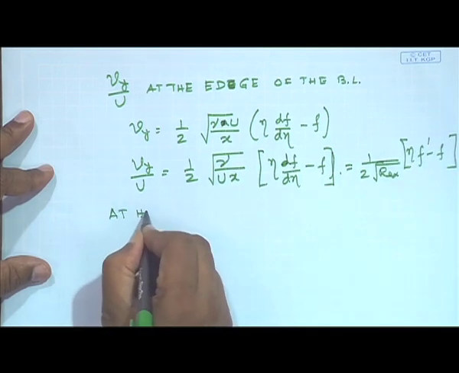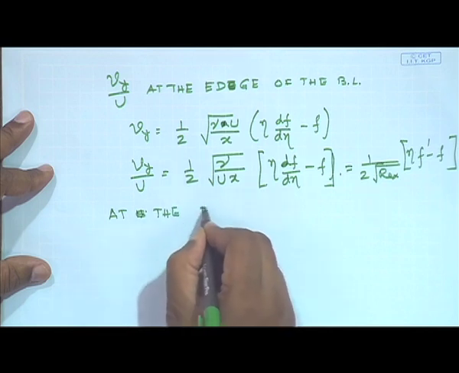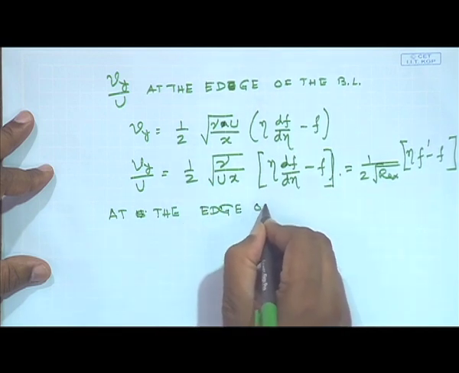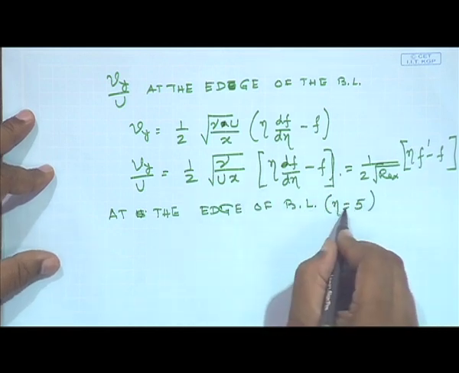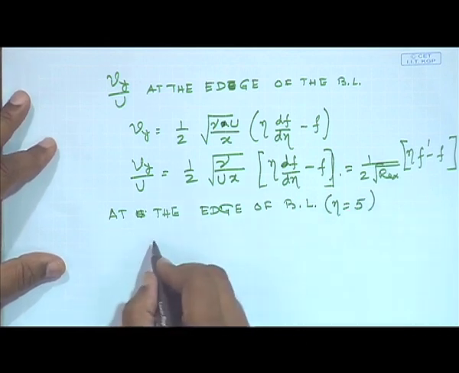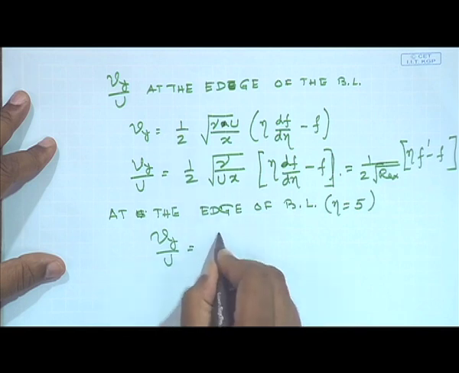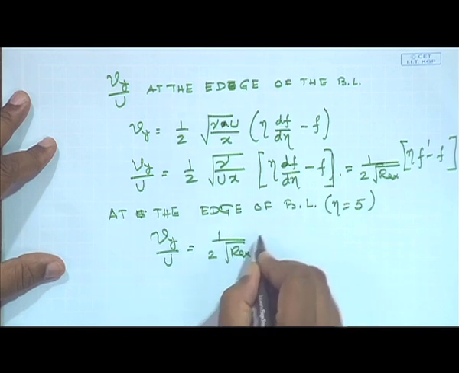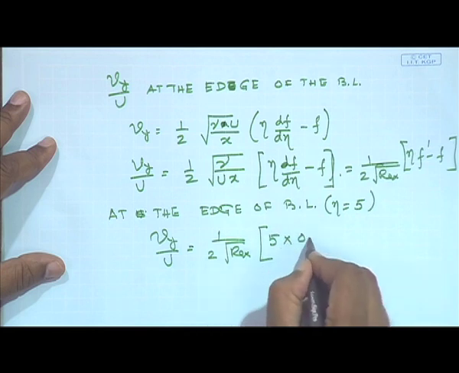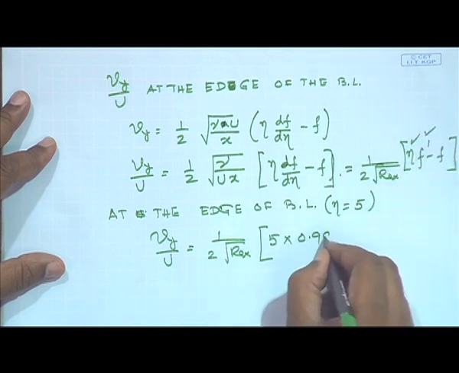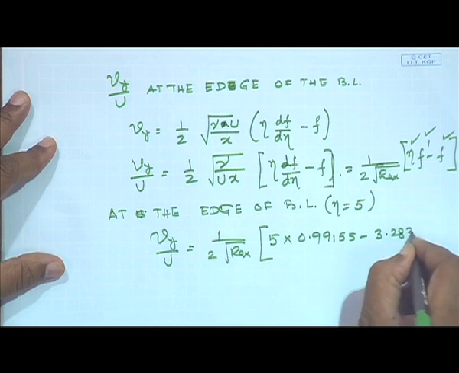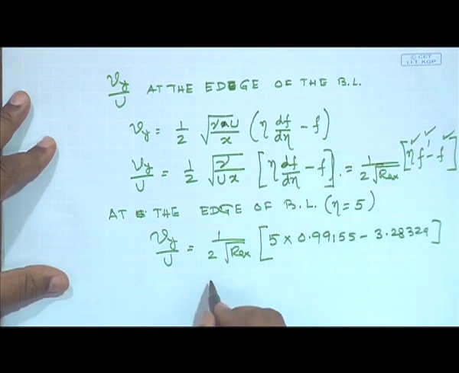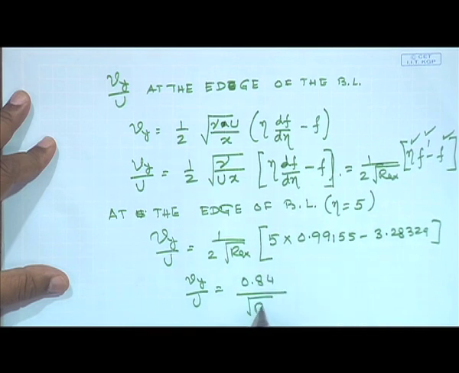At the edge of the boundary layer, that means eta equals 5, because we say that at eta equals 5 we reach the edge of the boundary layer. Vy by u would be 1 by 2 root over Re_x, and this is 5 into 0.99155, f prime is 0.99155 and f is 3.28329 or something. This you get from the table, so therefore Vy by u is equal to 0.84 by root over Re_x.